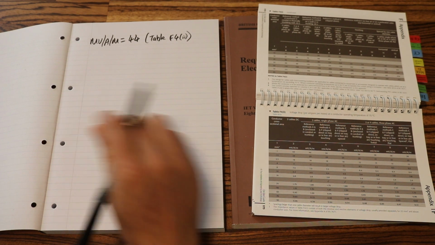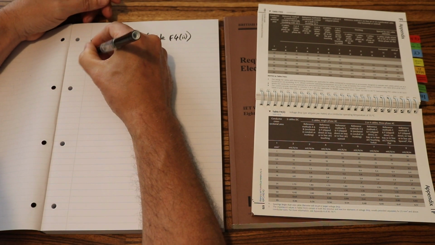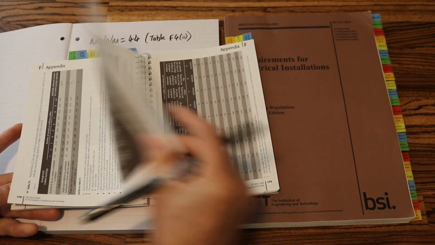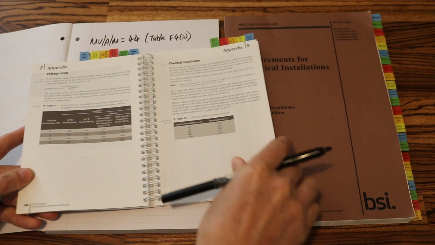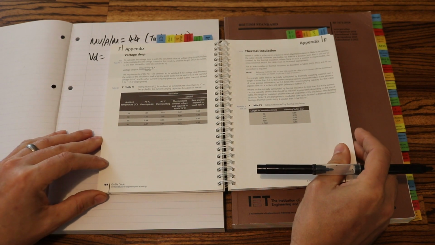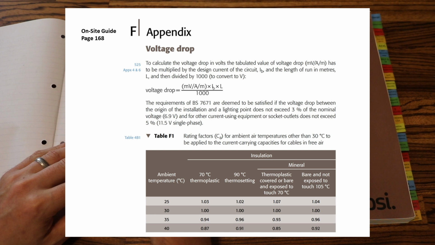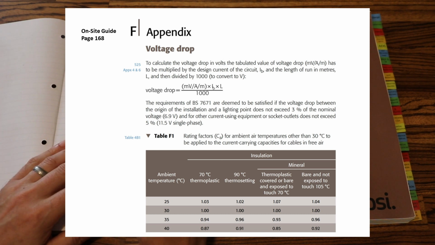Now we look at our volt drop. Let's write volt drop. That is back a couple of pages. Turn to page 168 and you have your volt drop formula. So volt drop equals MVAM times IB times length over 1000.